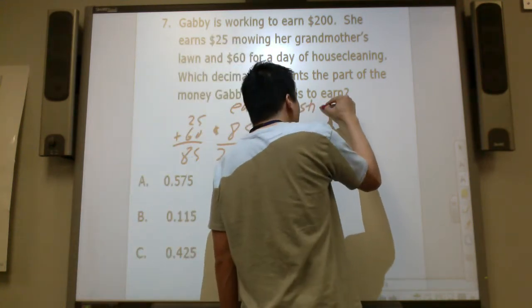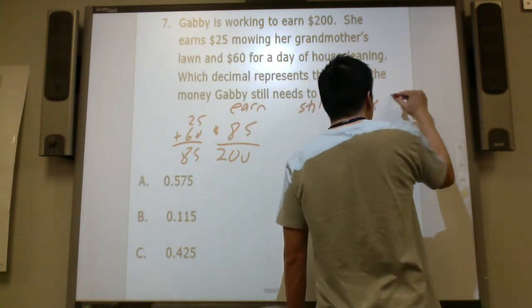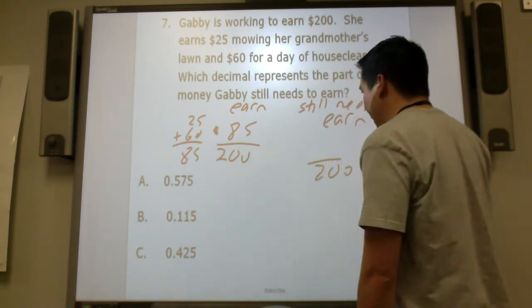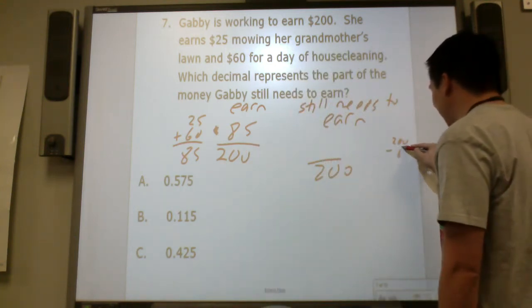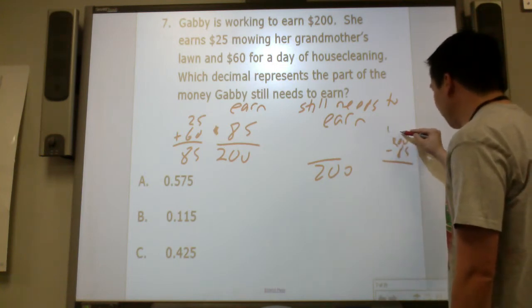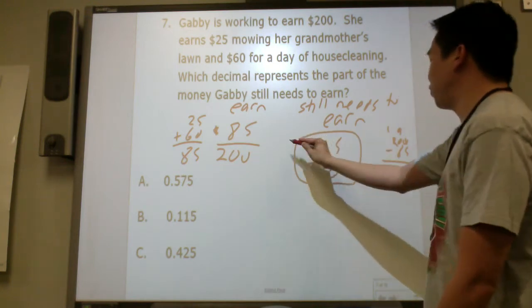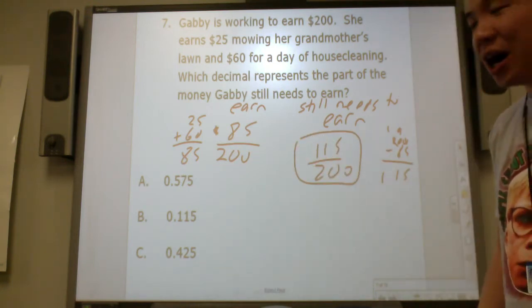She still needs to earn, let's see, 200 minus 85, regroup. She still needs to earn $115 out of 200.